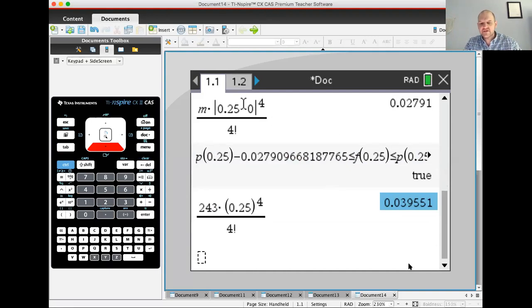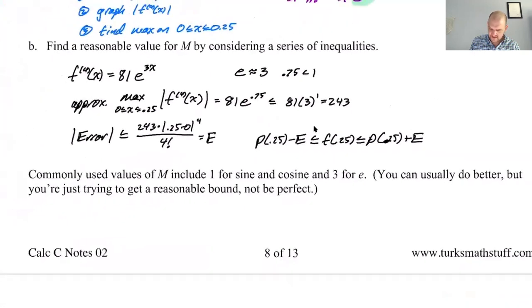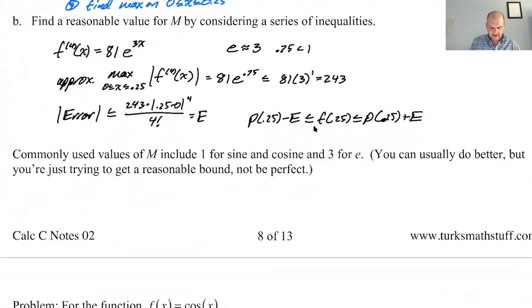Let me go back to the notes, one little thing, and then we're going to do a bunch of problems, which I think will help to clarify this. It's definitely a confusing thing when you first see it. Just keep in mind m is the weird thing. The most common values you'll use for m: for sine and cosine, you typically use just 1. You can do better if you know what you're approximating.